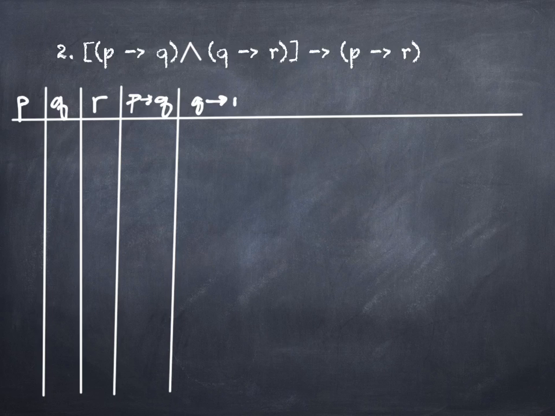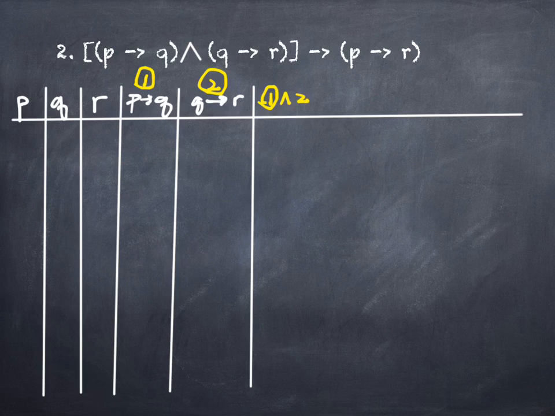I need a Q implies R. And just to get us in the habit, I'm going to call P implies Q number 1 and Q implies R number 2. Then what am I going to do with columns 1 and 2? I'm going to put an and symbol between them. And I eliminate some of my writing by doing that, which is kind of nice. Make sense?